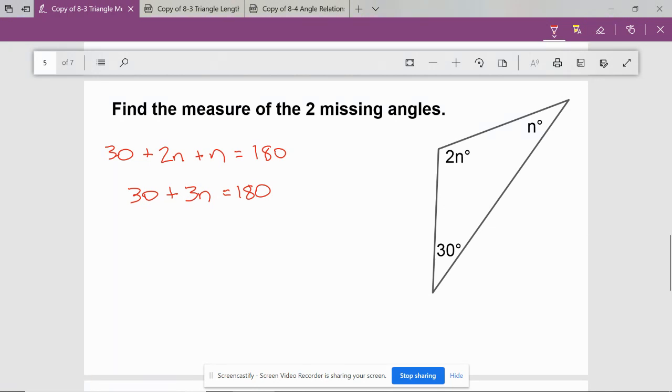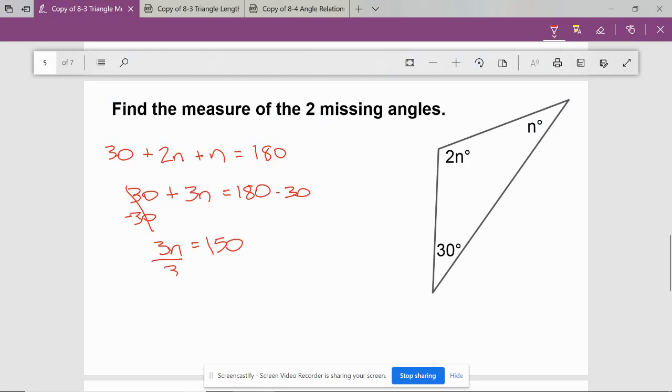So 30 plus 3n equals 180. We're going to minus 30, because this is an addition problem. And we're going to get 3n equals 150. Okay, so now this is part of our one-step equations that we know. We've been doing them forever, so we know that this is a multiplication problem.